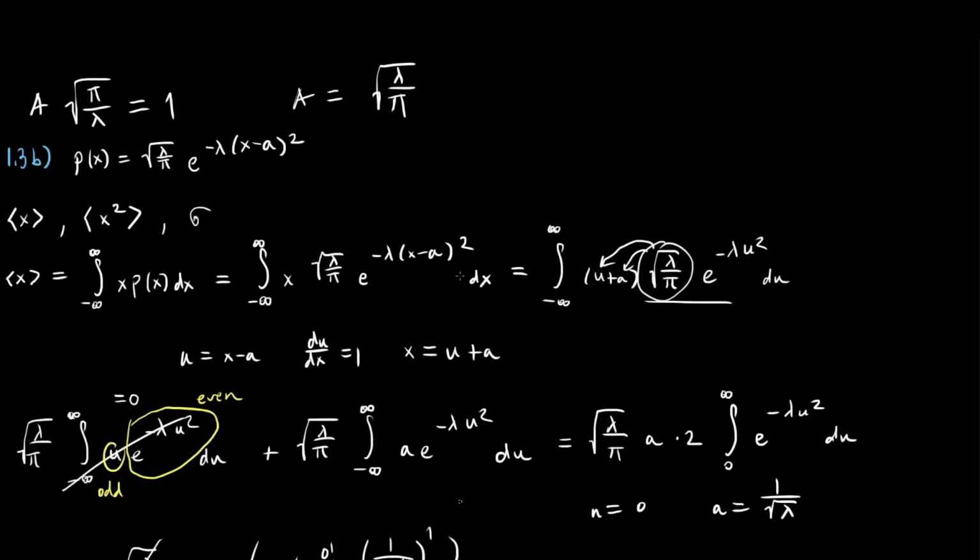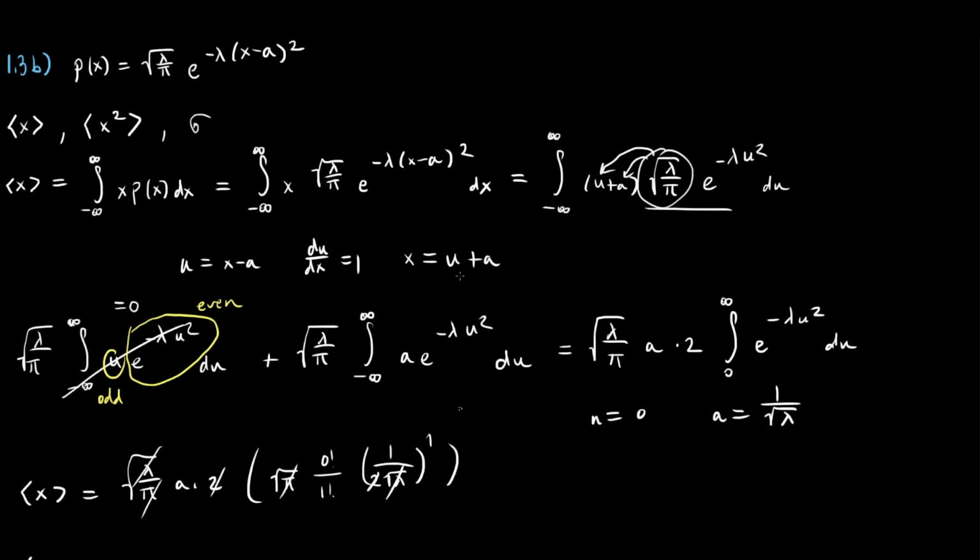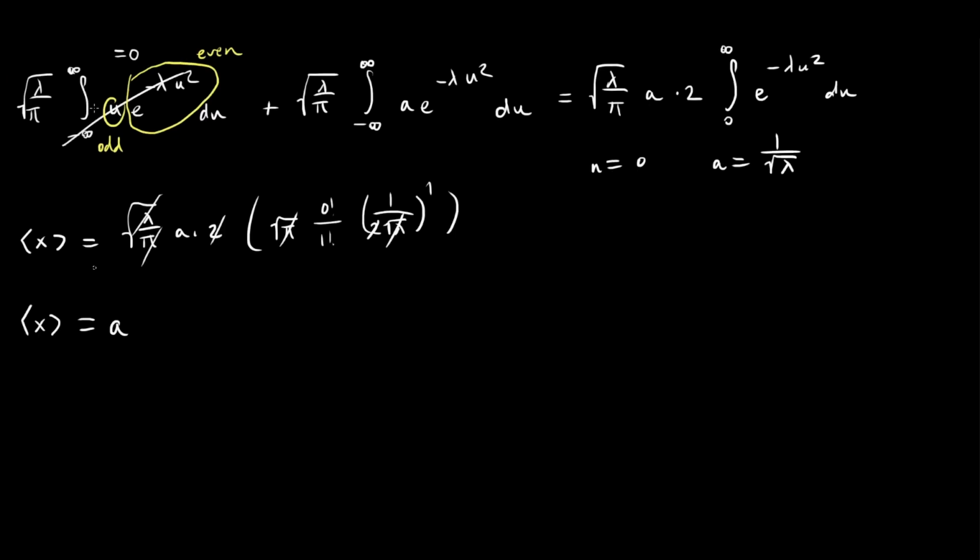And this makes sense because if we just look at the probability density here, we see that x is centered at x is equal to a because it's shifted by a here. So we could continue with this problem by solving for the expectation value of x squared, and it's the same thing as before.